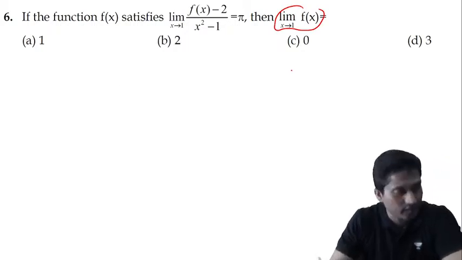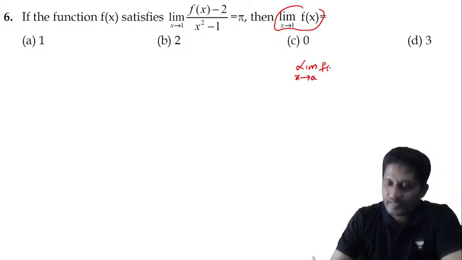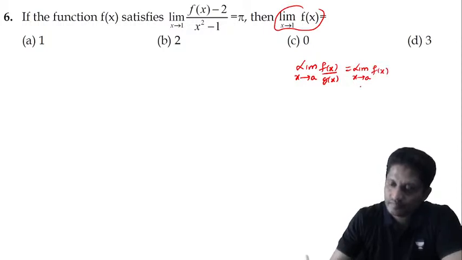See, suppose I use the algebra of limits: limit x tending to a of f of x upon g of x can be written as limit x tending to a of f of x upon limit x tending to a of g of x.